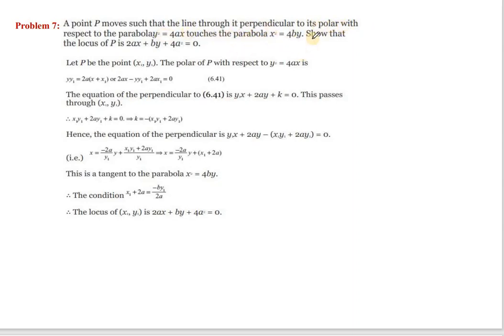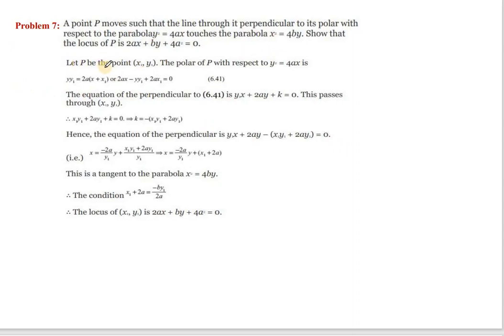Show that the locus of P is something. So it is the perpendicular one which touches the parabola. So we'll have to obtain first the polar equation, obtain its perpendicular line, and the condition for that line to be tangent to this should be used to arrive at this.